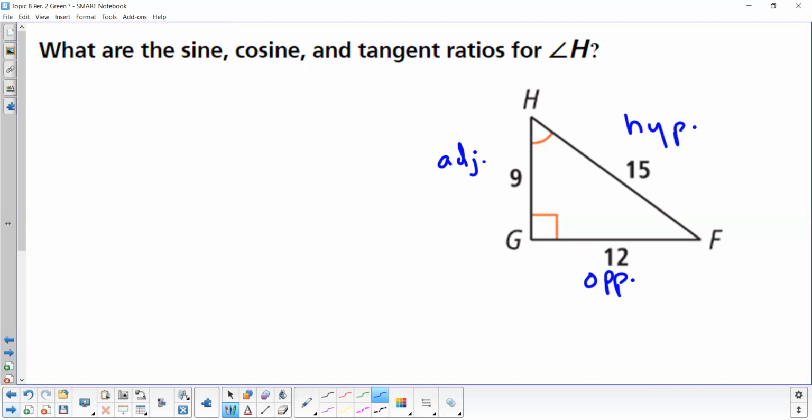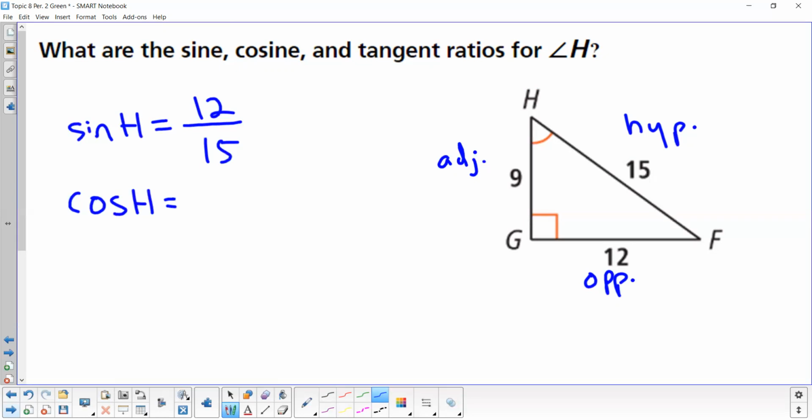Now that we've got our triangle labeled, I can say that the sine of H, now sine is always opposite over hypotenuse. If you're at H, what's the opposite? 12. And what's the hypotenuse? 15. How about the cosine of angle H?